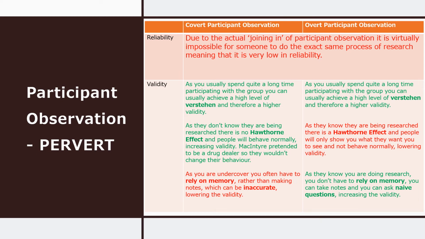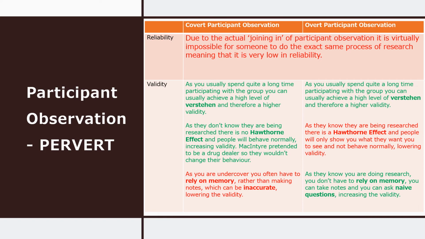Now, you've got a drug gang who know they're being researched. Are they going to show you absolutely every part of their operation, how they normally behave? Chances are they won't. They know they're being watched, so they're only going to show you the bits they want you to see. And that lowers the validity.